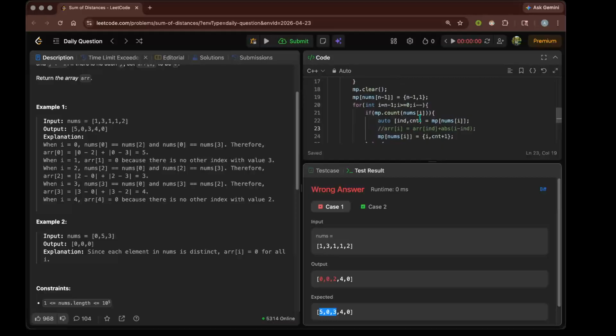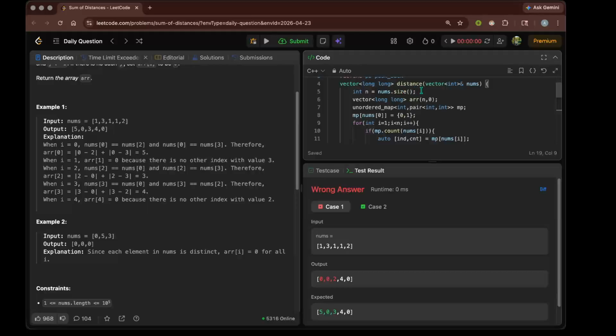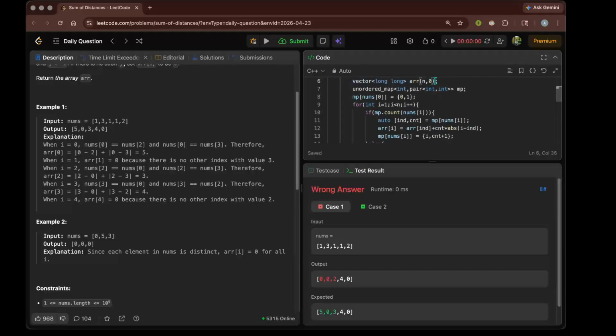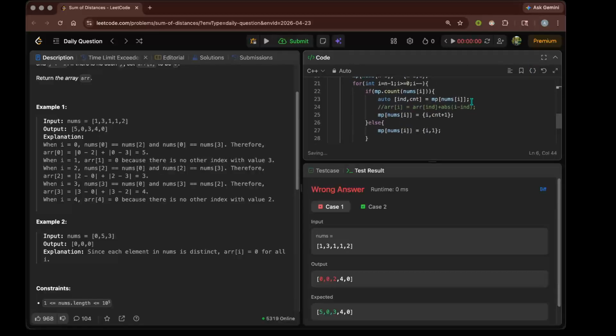So I think, yeah, we make another array and we should do this.